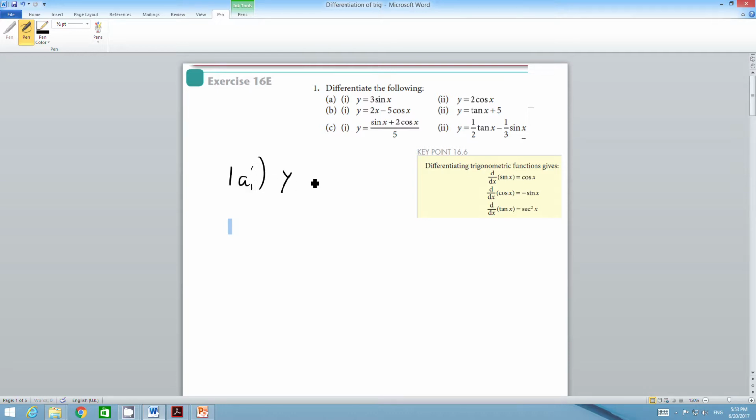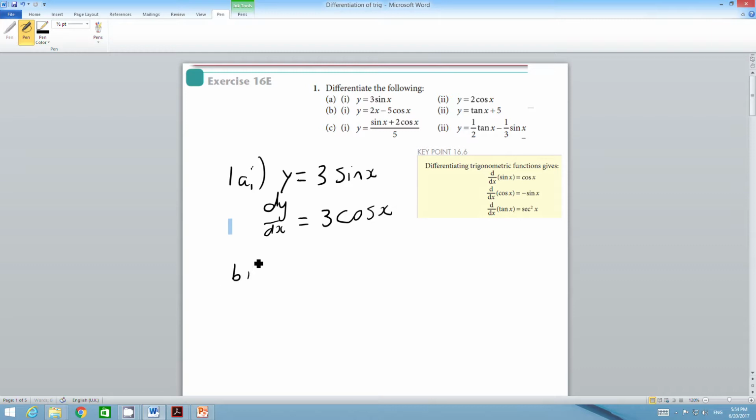They tell us that y is equal to 3 sine of x. If I want to find the derivative, I'm going to write dy dx is equal to, now please do not forget that the constant in front of sine of x stays the same. So I am going to write this constant here, in this case it is a 3. The derivative of sine of x we know is cosine of x.